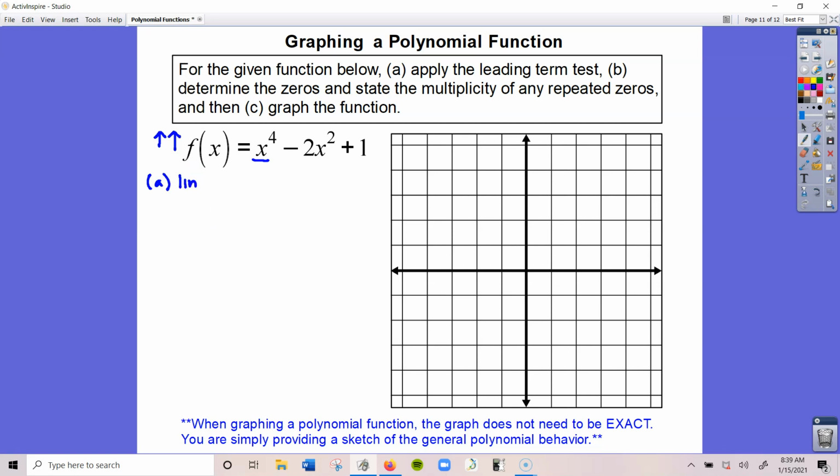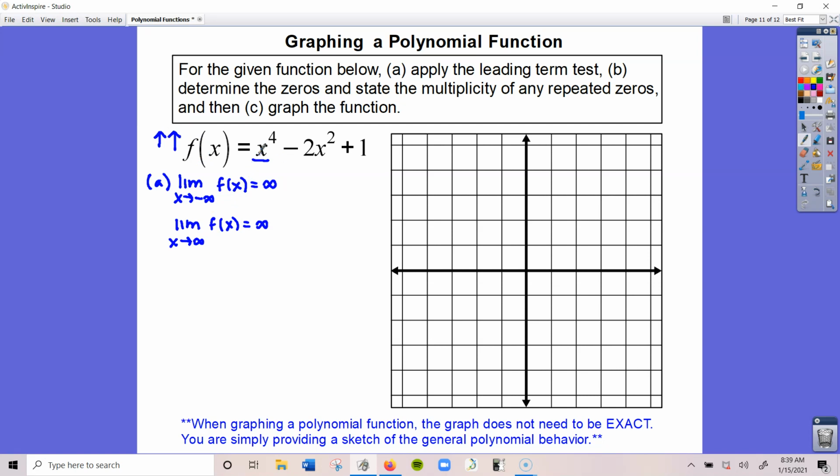So we're going to write the limit as x is approaching negative infinity of f of x is equal to positive infinity since the left side goes up. And the limit as x is approaching positive infinity of f of x is equal to positive infinity as well, since it's also going up.